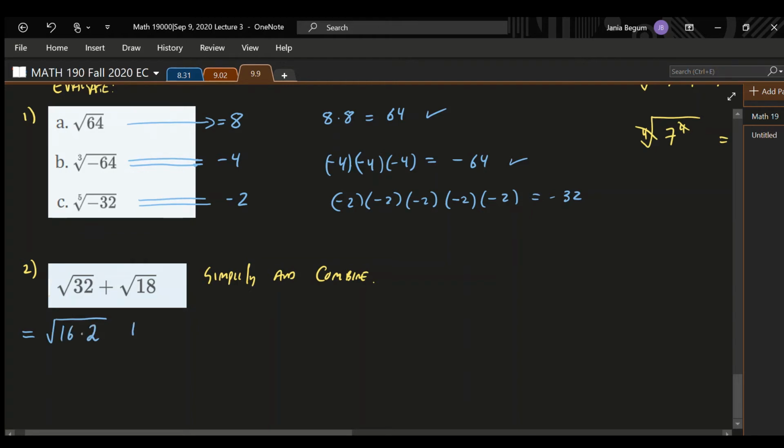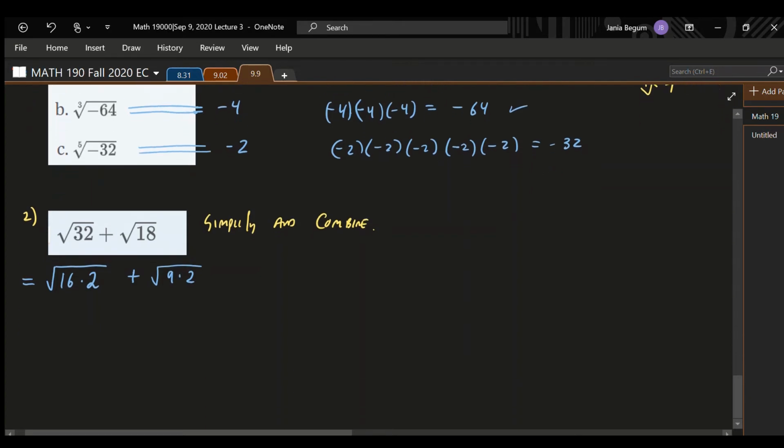And what about the square root of 18? Right. Now we use the properties that we wrote down earlier to separate these radicals. So we have the square root of 16 times the square root of 2 plus the square root of 3.